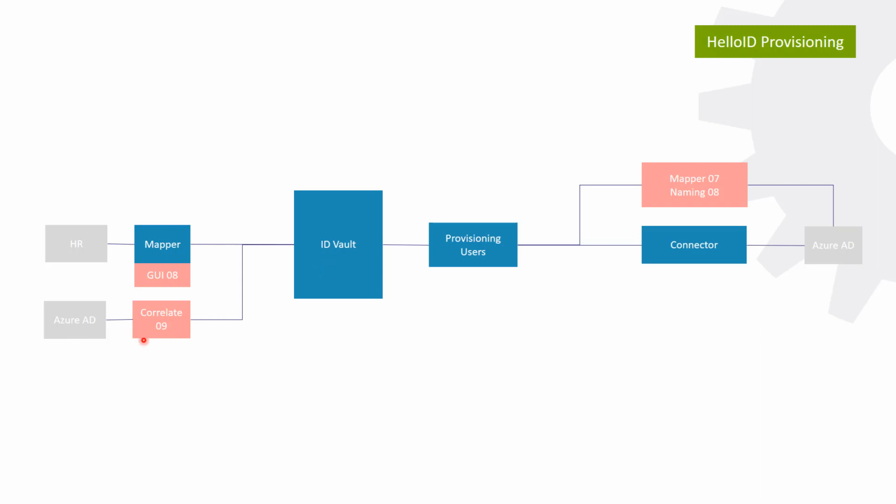You're going to need that if you already have an active Active Directory or an Azure environment with a lot of users already present in the network, and you want to correlate, to link existing accounts to the HelloID vault. We're going to release that in September.